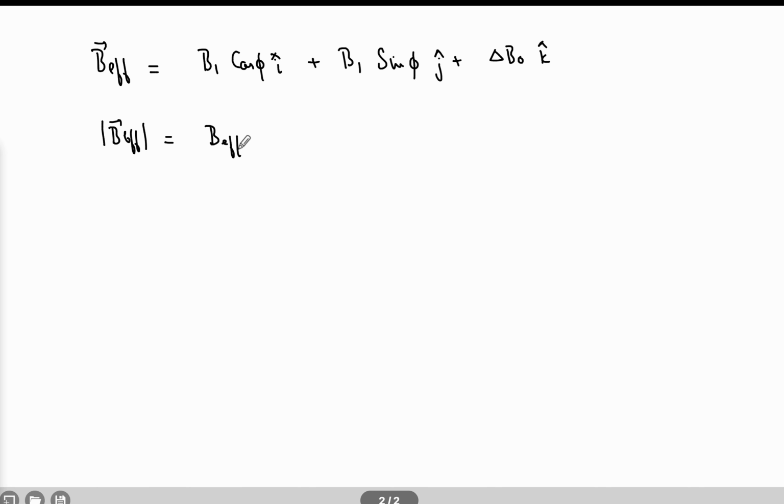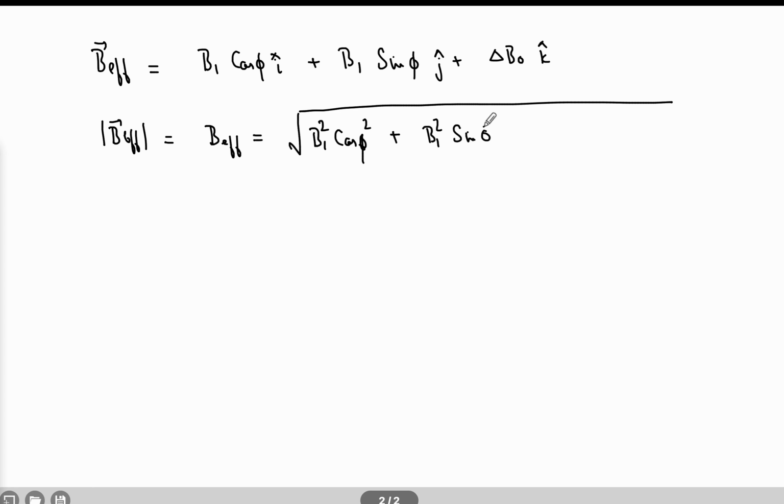And simply call it B effective now. So this will be the dot product of this whole vector with itself. It will be something like this, and then the square root. So B1 cos phi squared, B1 squared plus cos squared phi, B1 squared sin squared phi plus delta B naught squared.